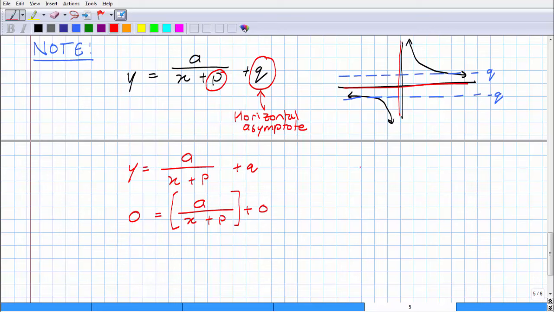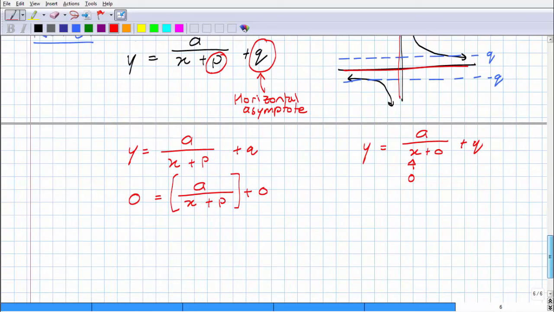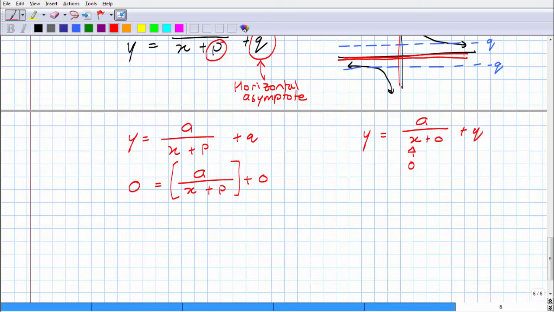But what happens if we make that x 0? So y equals a over x, and let's make that p value 0 plus q. Then do you agree that if x is 0, then we have a divide by 0 problem. So it's going to be a divided by 0, whole big problem, so we can't do that. So that's why we have a horizontal asymptote and a vertical asymptote.